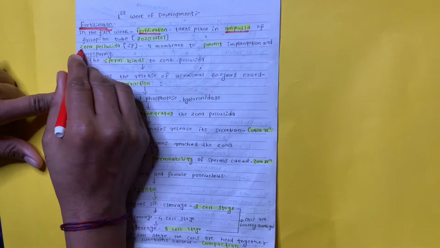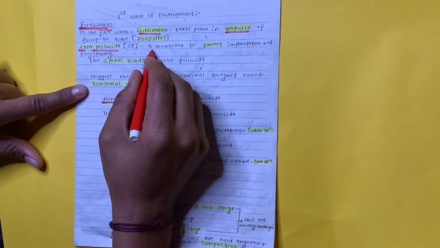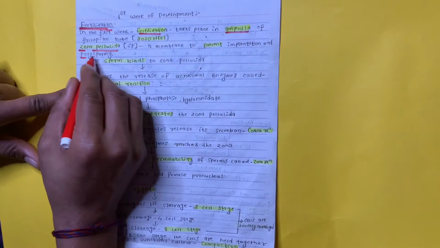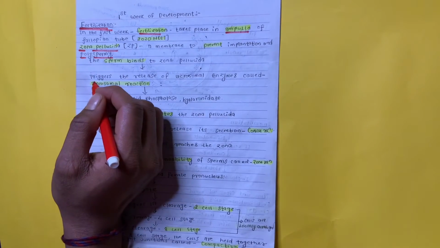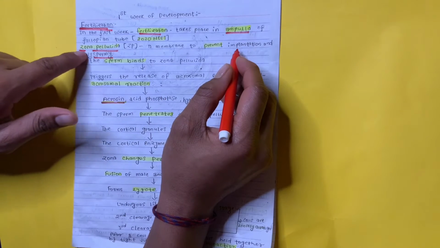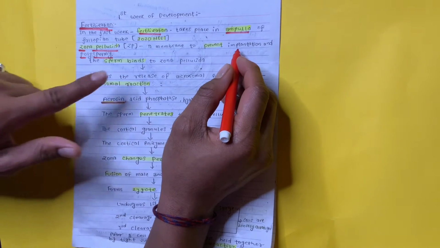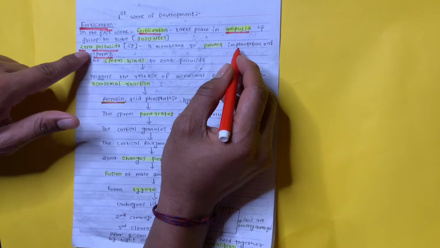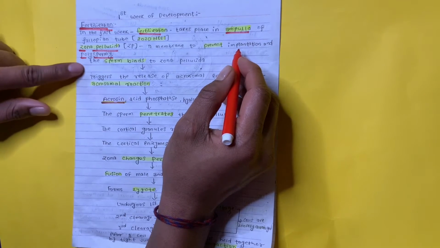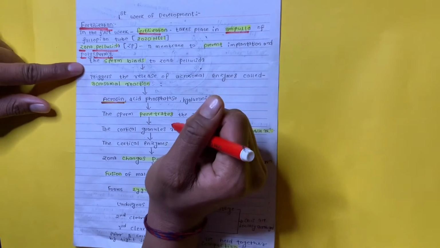Zona pellucida is a membrane which prevents implantation and polyspermy. Zona pellucida prevents implantation, that's why during implantation the zona pellucida should be resolved or dissociated, right? We'll discuss that later in implantation.